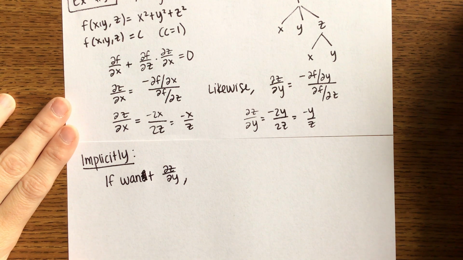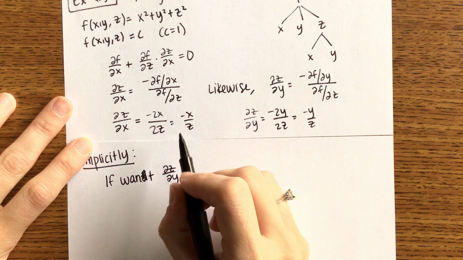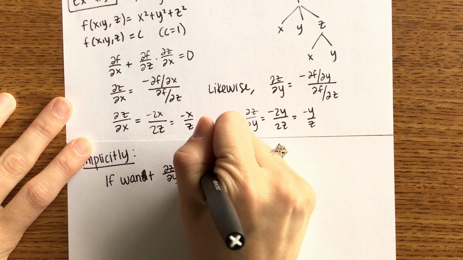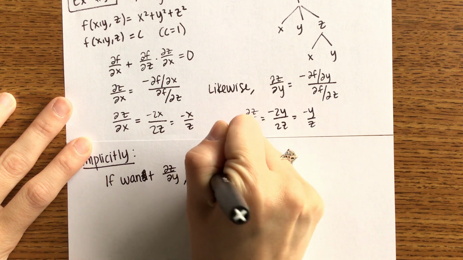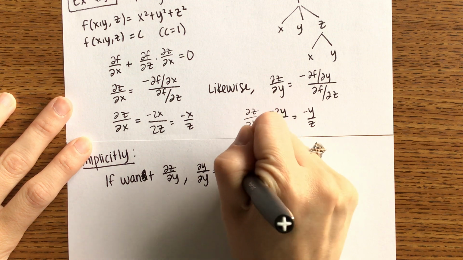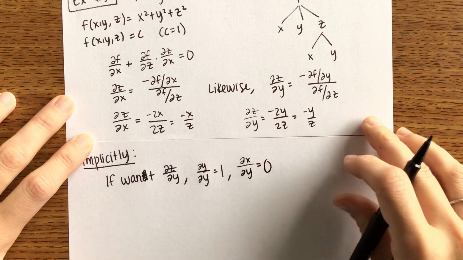Okay, we good? Yep. Okay, so if we want to take the partial with respect to y, we will be taking the derivative of everything with respect to y. So we will be taking the derivative of y with respect to y, which is going to be 1. We'll be taking the derivative of x with respect to y. Those are independent, so that's just going to be 0.